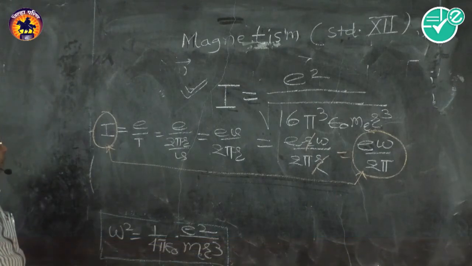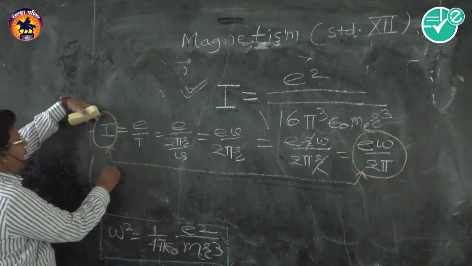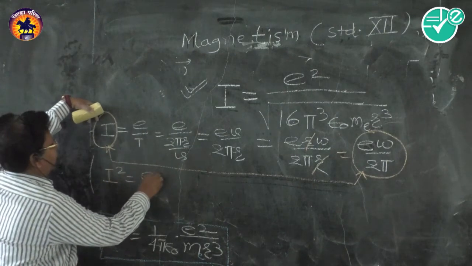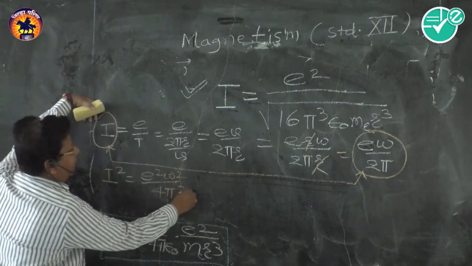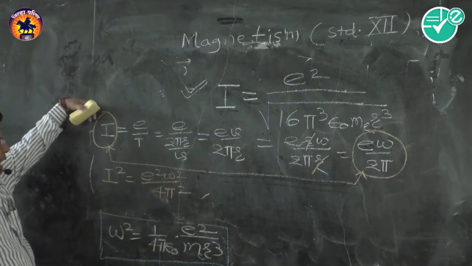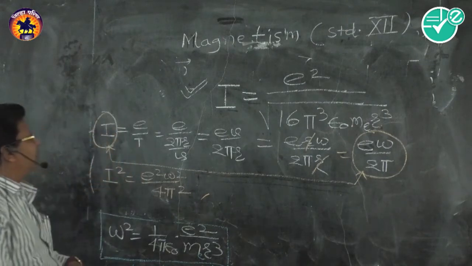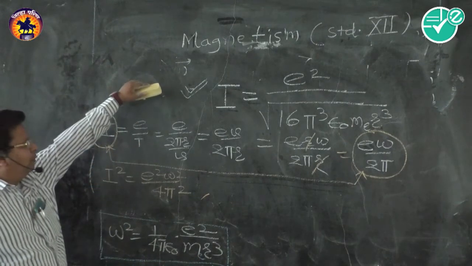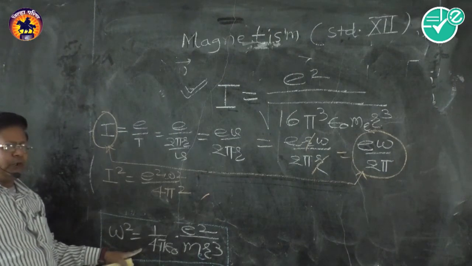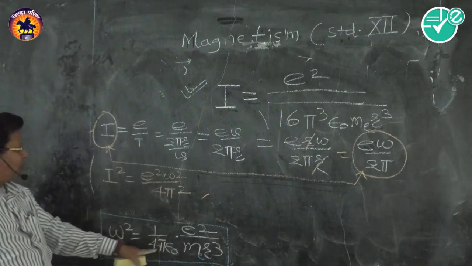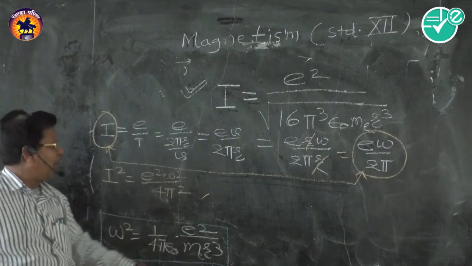Now if we square both the sides, then I square is equal to e square omega square divided by 4 pi square. And we are very near to the shore. Substitute the value of omega square, as we have already proved. Omega square is equal to 1 upon 4 pi epsilon 0 e square divided by m suffix e into R cube.